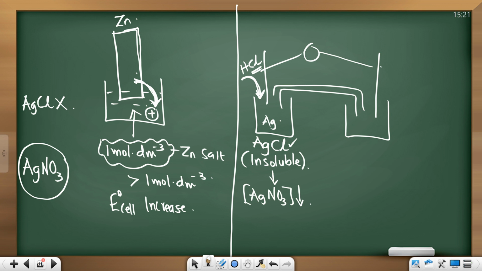If I add any Cl to it, whether HCl, I can even add NaCl, anything that has a Cl, I will be forming silver chloride. And when that happens, because it's insoluble, this is called contamination. All right, we form silver chloride. The silver nitrate concentration will decrease.